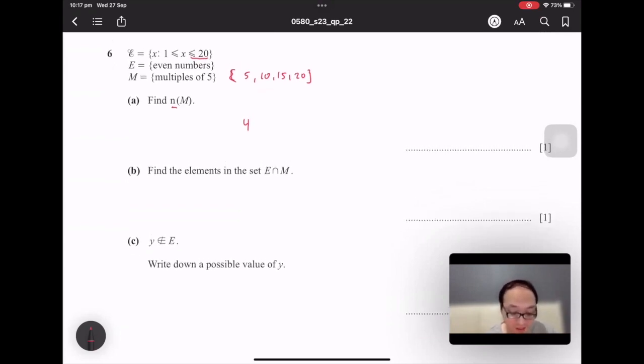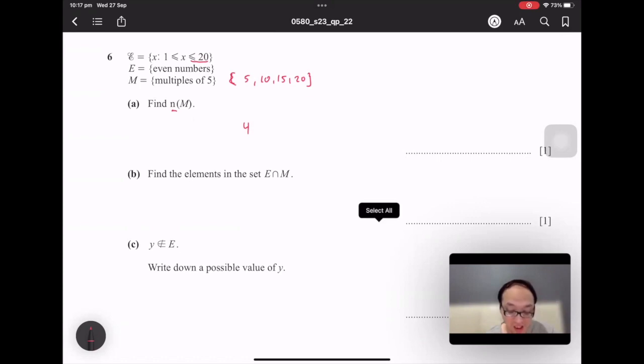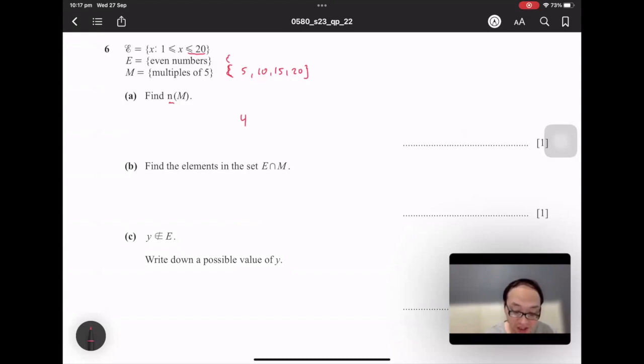Find the elements in the set E intersect M. E is the even numbers, so it's 2, 4, 6, 8, 10, 12, 14, 16, 18, and 20. So that means E intersect M should be 10 and 20.